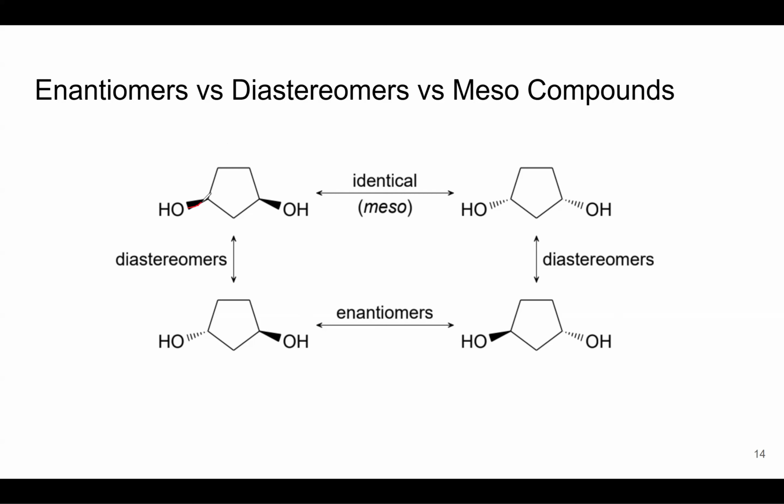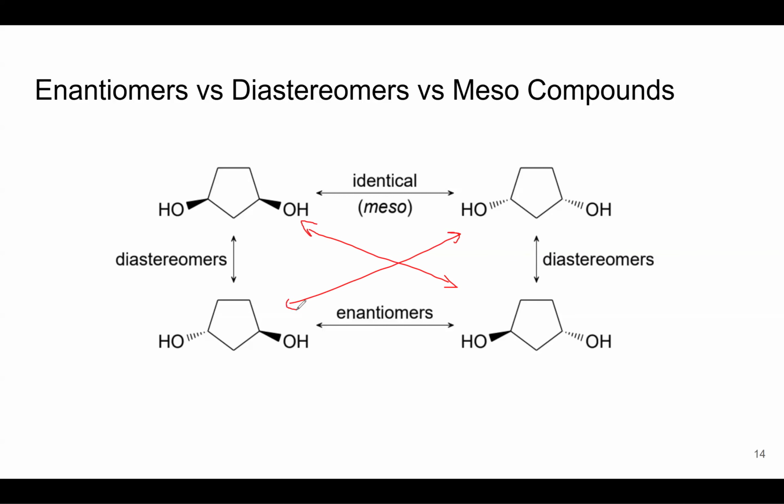If you remove the wedge and the dash and just draw the 2D structure, they look the same. So they're diastereomers because they're non-mirror images and they cannot be superimposed. Similarly, these two are diastereomers, and these two are diastereomers.